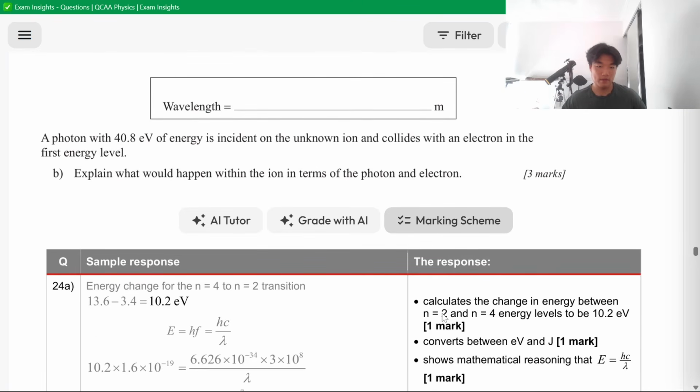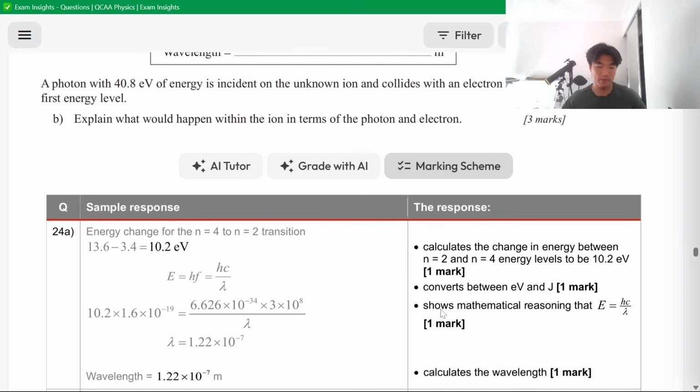Okay, let's see if we're right. So 1.22, yeah. Okay.